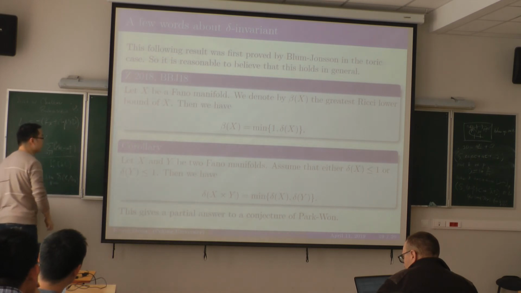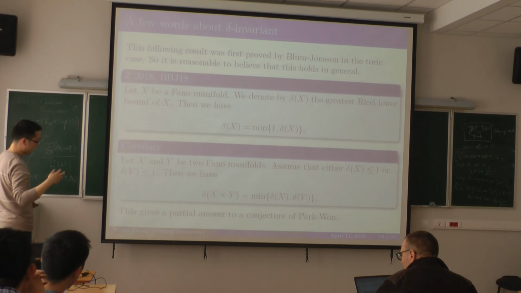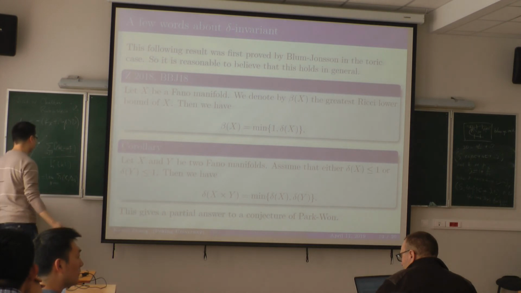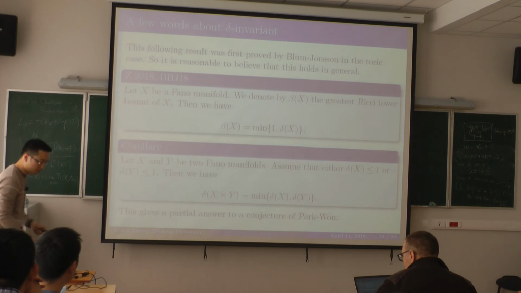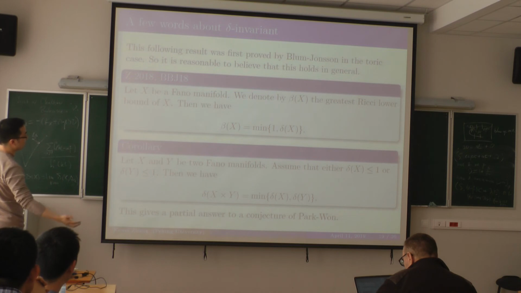And the greatest Ricci lower bound can be approximated by a sequence of conic Kähler metrics with cone angle along this divisor. Then you can use the Yau-Tian-Donaldson for conic metrics, and then apply the valuative criterion of Li and Fujita. You can show that this is indeed true.